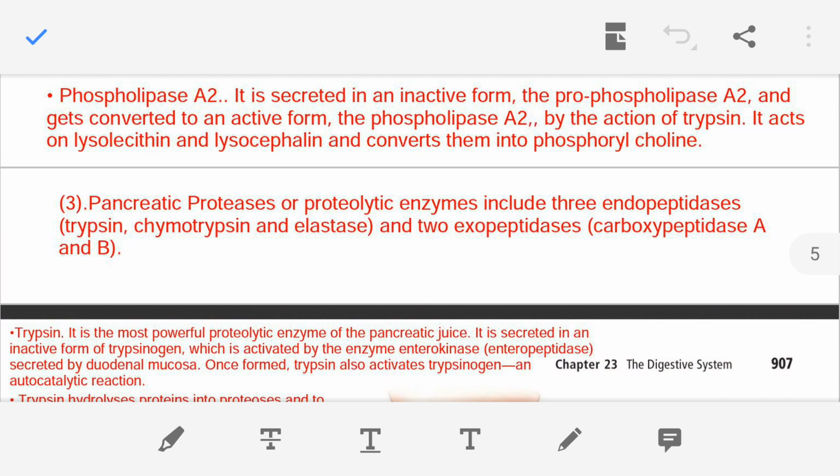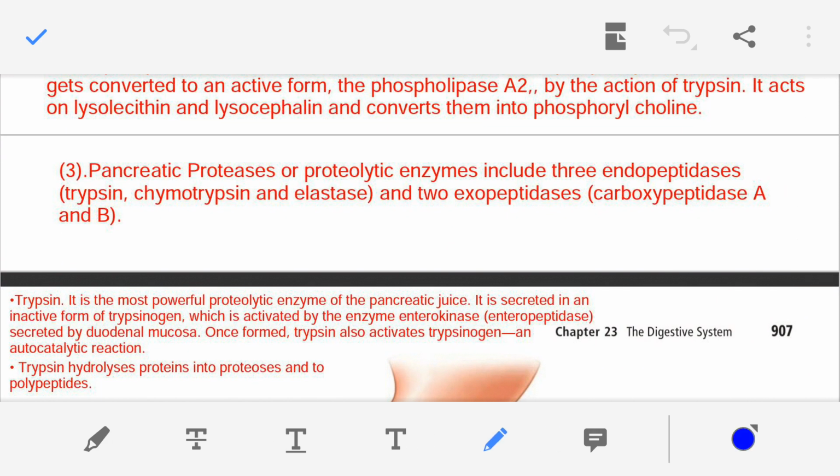Now the digestion of protein. For the protein digestion, there are pancreatic protease enzymes present in pancreatic juice, also known as proteolytic enzymes. The examples of proteolytic enzymes include three endopeptidases: trypsin, chymotrypsin, elastase.